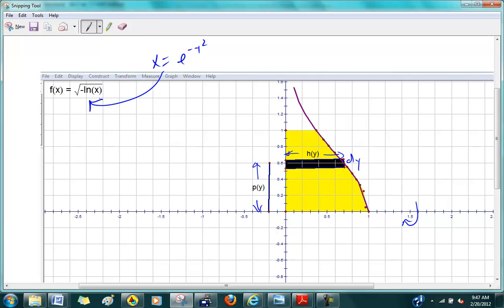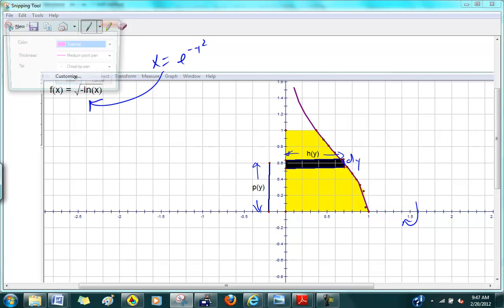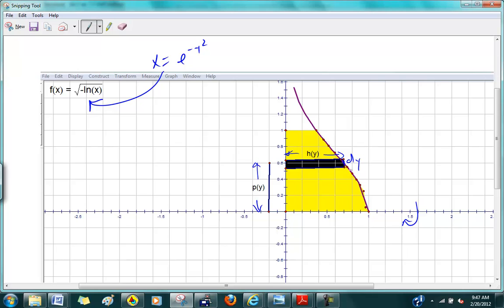So what do I want to see here? Let's get a black pen. See if that works. That point there is a distance x from the y-axis.